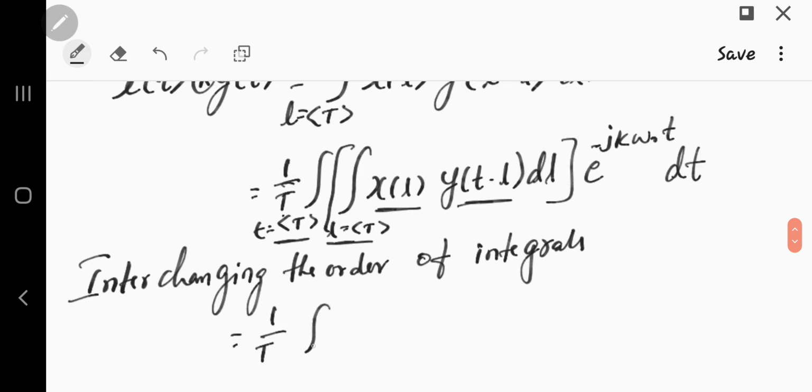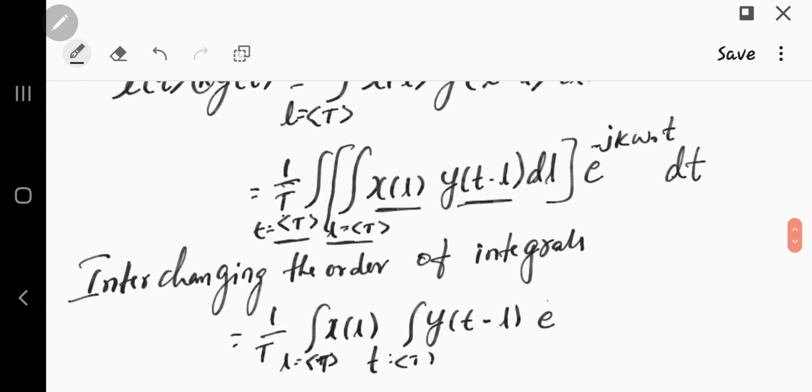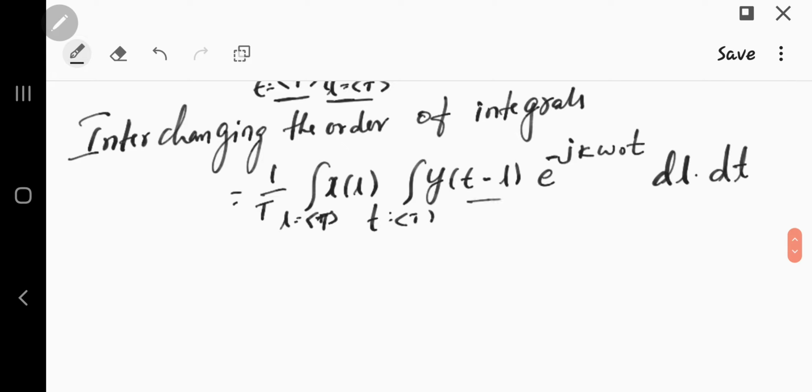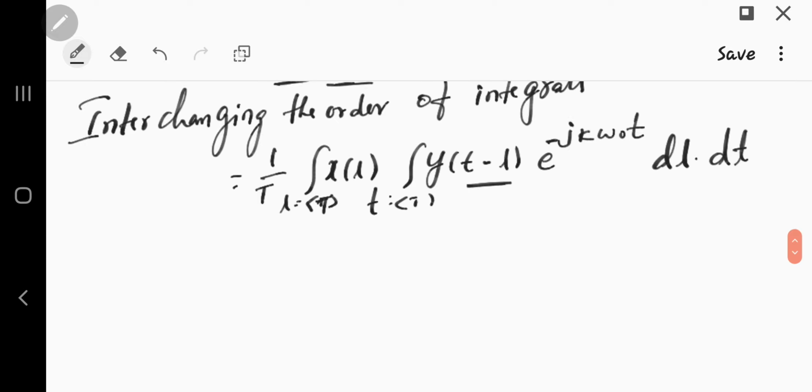So, that means we can interchange the order for convenience. So, 1 by T integral of L is equal to 0 to T, x of L, and integral of t is equal to 0 to T, y of t minus L e power minus j k omega naught t dL into dt. So, this t minus L I will replace with some other variable. Put t minus L is equal to m.